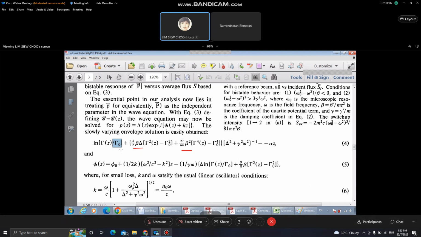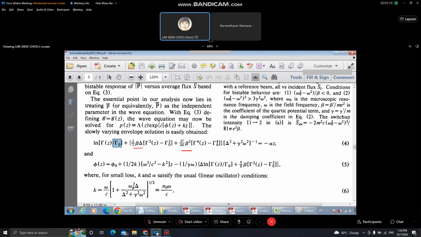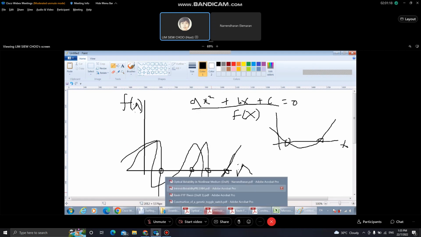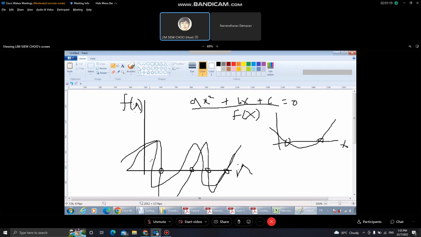When you change the amplitude, you change all the constants. So when you plot the graph of f lambda, you get another curve, another cutting, right? So you have different values of the solution.